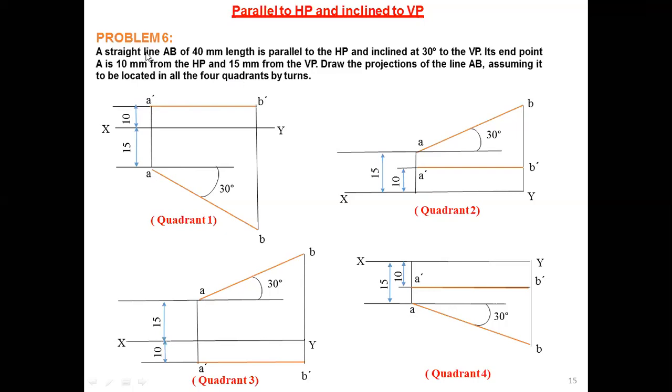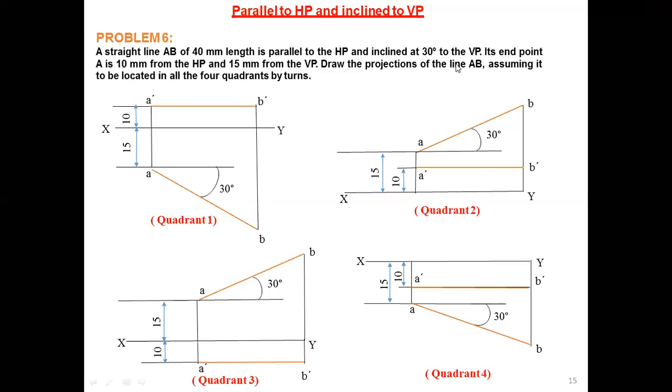Then come to here. A straight line AB of 40 mm length is parallel to HP and inclined at 30 degrees to VP.